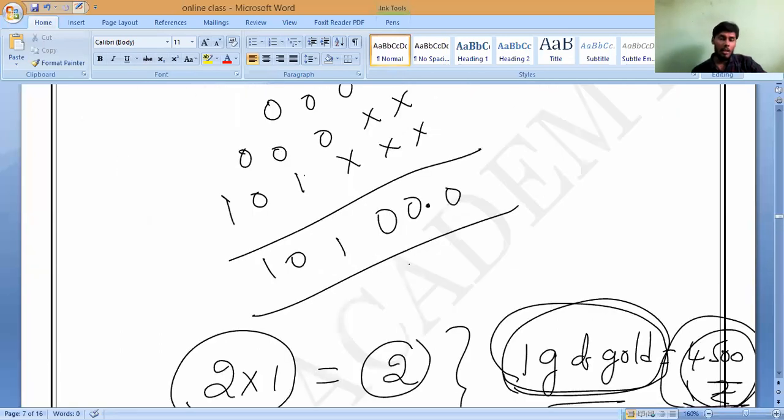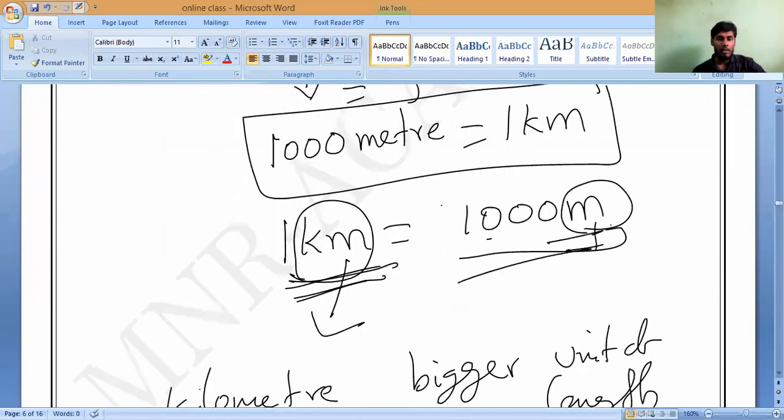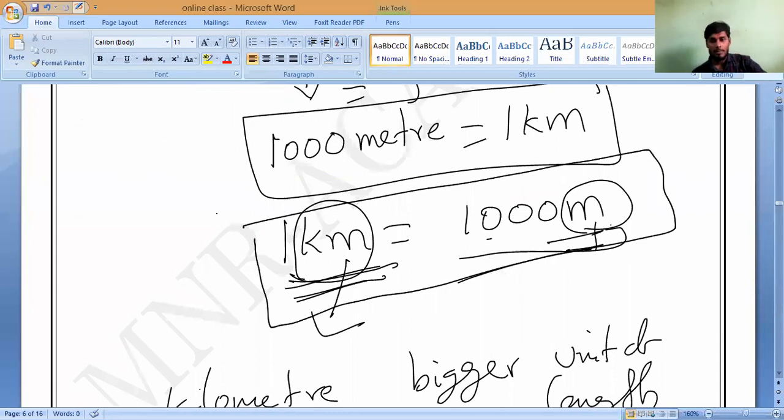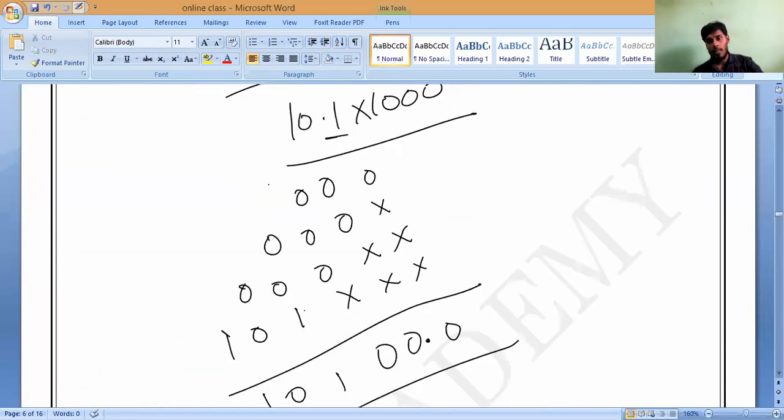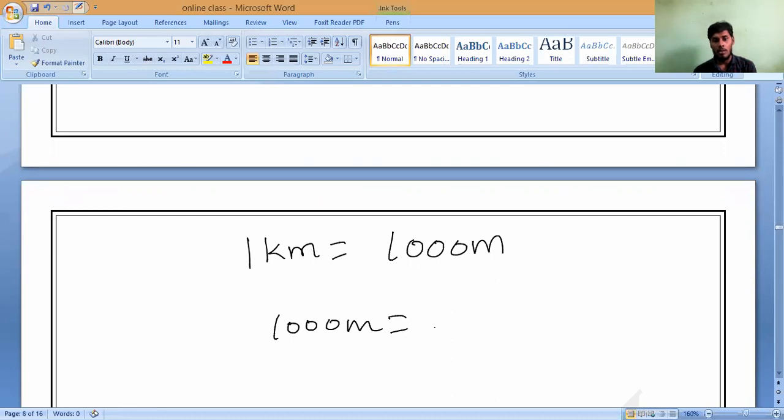Now, here you can observe, 1 kilometer equals how many meters we have got? 1,000 meters. Now you see, 1 kilometer is equal to 1,000 meters. So I can write 1,000 meters as 1,000 into 1 meter. Correct or not?